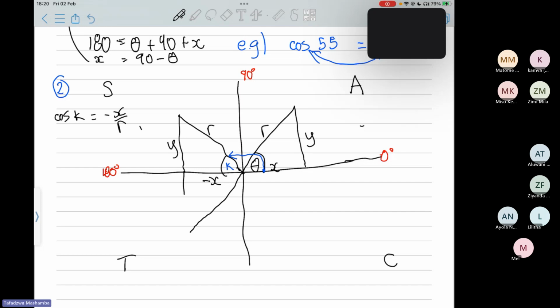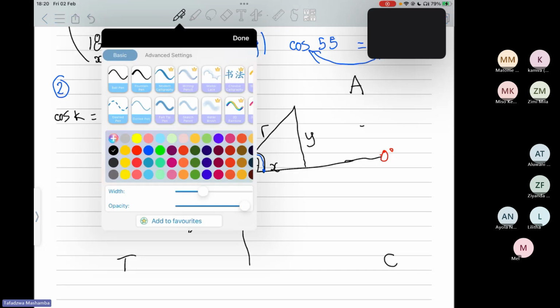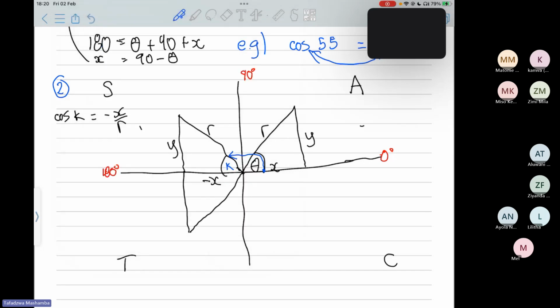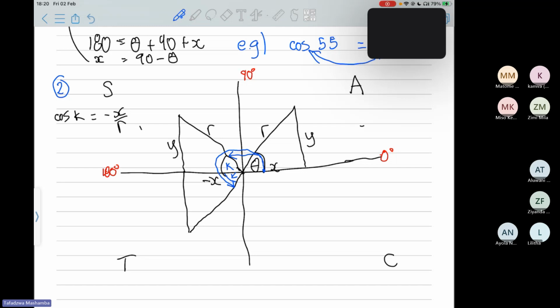Once again, what's special about this third quadrant? We start again by continuing our cycle. Our cycle starts at this position, goes all the way round that side, then stops right there at that reference angle. This one we call a reflex angle. A reflex angle is just above 180 degrees.